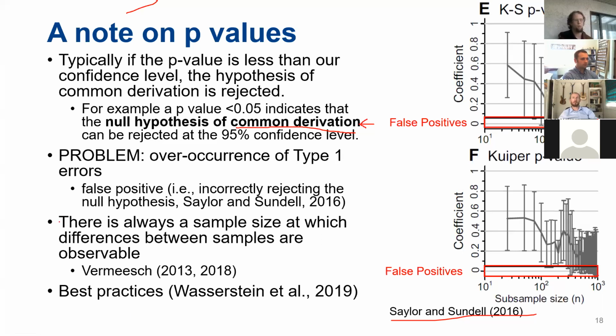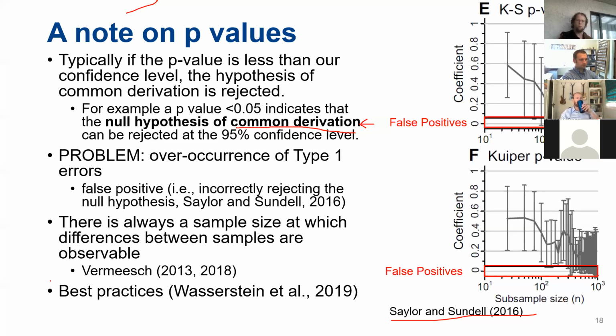So be aware as you're implementing the KS and Kuiper tests, there is a temptation to use them in a hypothesis testing sense. And I think very frequently you're going to wind up with incorrect outcomes from a hypothesis test based on the p-value. In my experience, there's no hypothesis test that works well for detrital geochronology.